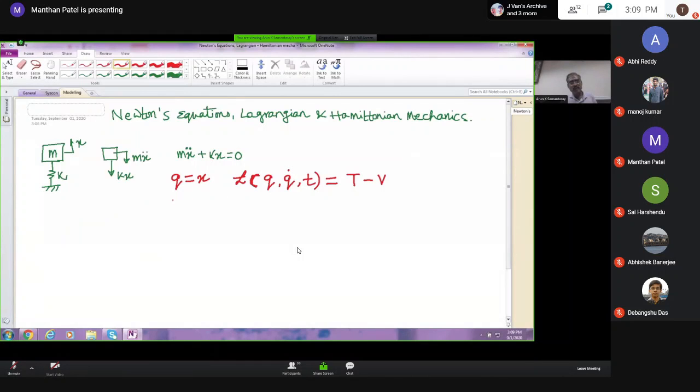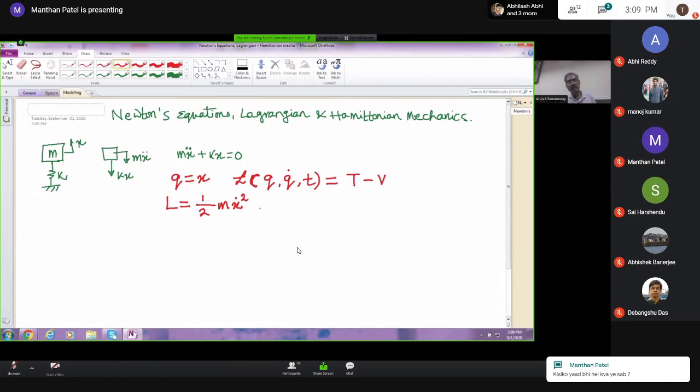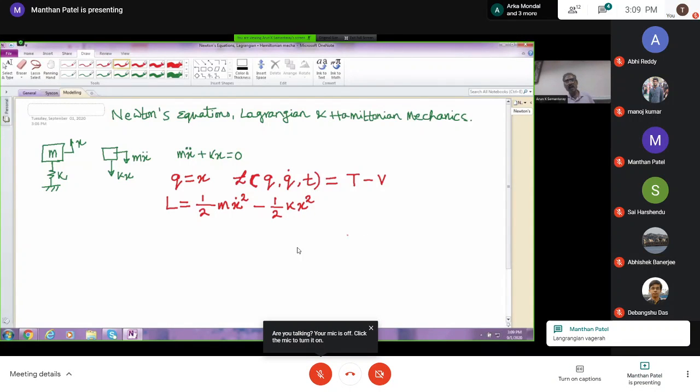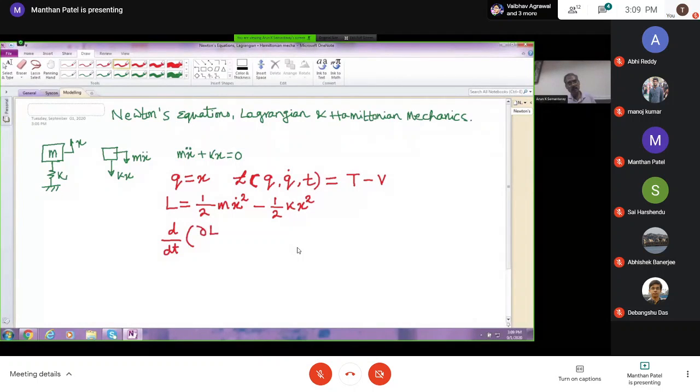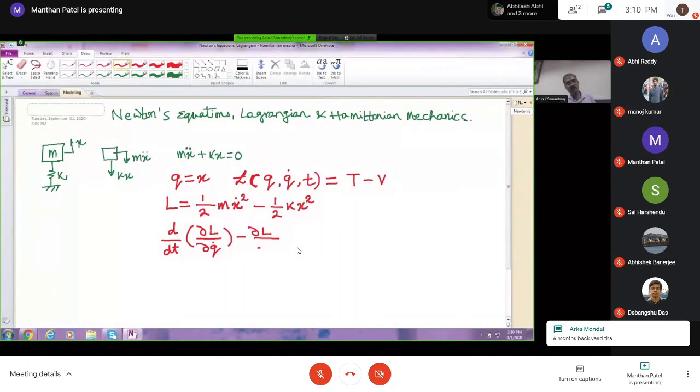So for this case, we will have Lagrangian is half m x dot square, that is kinetic energy, minus half kx square, and our equations of motion we know, d by dt, these are whole derivatives, del L by del q dot minus del L by del q is 0.